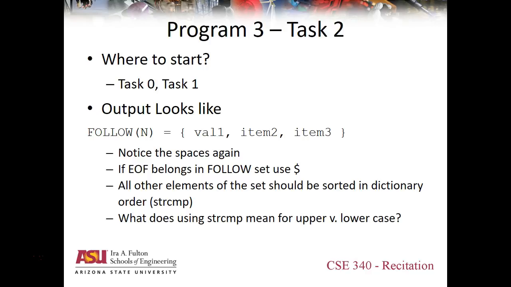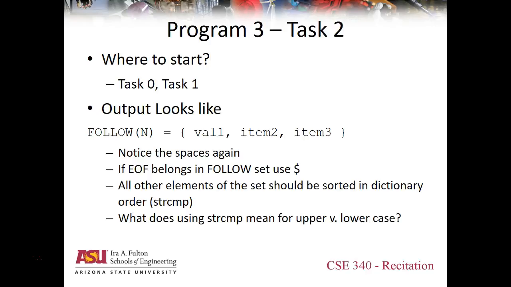All right. Has anybody started on task 2 yet? Yeah. Thought so. I kind of debated on whether to talk about task 2 or not at all today. It's pretty much like task 1, except you're just switching up the rules that you're applying to the follow set rules, and then outputting follow with the name of the non-terminal with all the terminals that fall into that follow set.